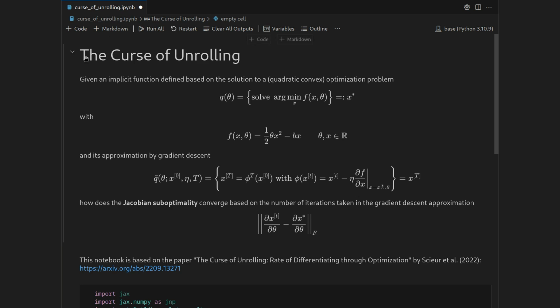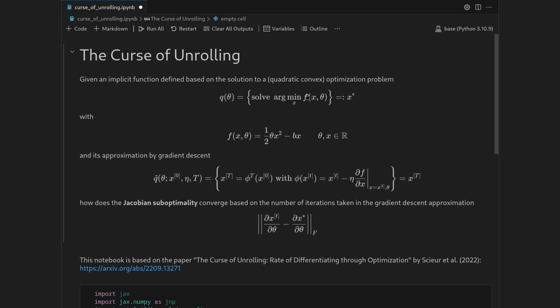This is what we are interested in this video. However, when you do unrolled differentiation, you can incur a very interesting phenomenon that's called the curse of unrolling, which in a nutshell basically means that the automatic differentiation does something weird which you would not expect to happen, or at least not intuitively.